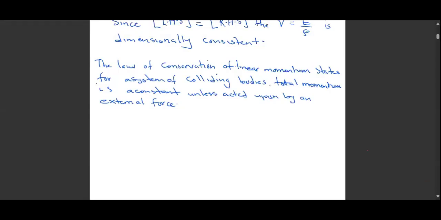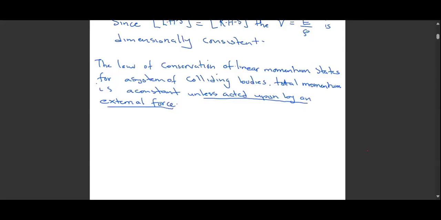Or you can say for a system of colliding bodies, total momentum before collision is equal to total momentum after collision unless acted upon by an external force. Now, this must be captured as you're stating the principle or the law: unless acted upon by an external force.